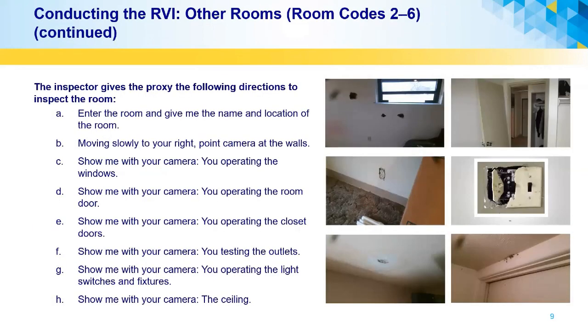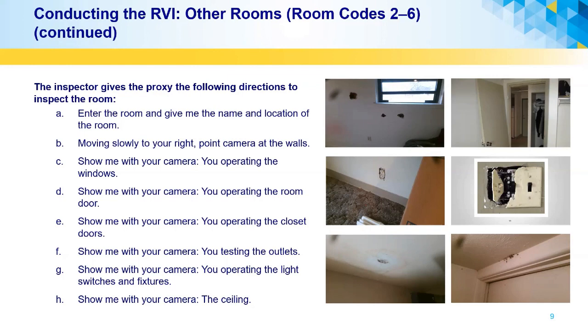Now here's the protocol that we use for inspecting the other rooms used for living. The first one: enter the room and give me the name and location of the room. For example, is it a laundry room or is it a den? Moving slowly to your right, point the camera at the walls.